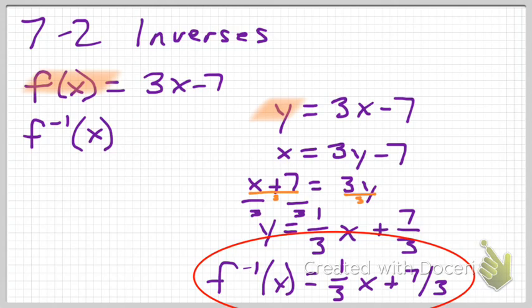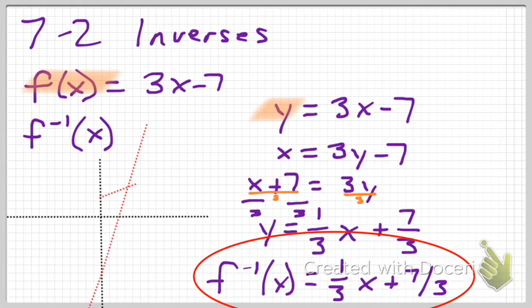3 steps. Change the function name to something a little more usable, which is a y. Switch the variables. Solve for y. Now, you're also going to be asked to graph these on your homework, both of them.